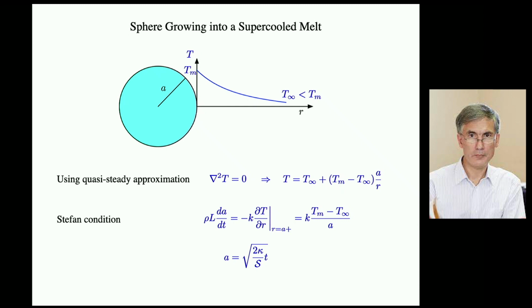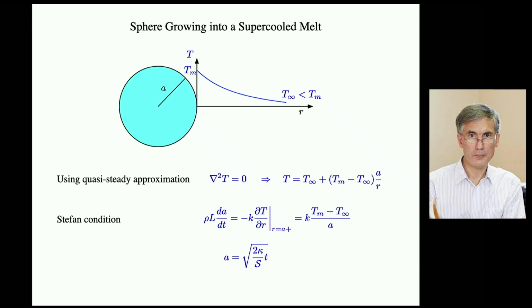And then if we put that into the Stefan equation, we get, again, the rate of release of latent heat minus the thermal conductivity times the temperature gradient. Let's do this. d by dr of this is minus 1 over r squared. So I have a minus a over a squared, which gives me, cancelling that, minus 1 over a. So same sort of equation we had before, and we can solve this, giving the same form of solution.